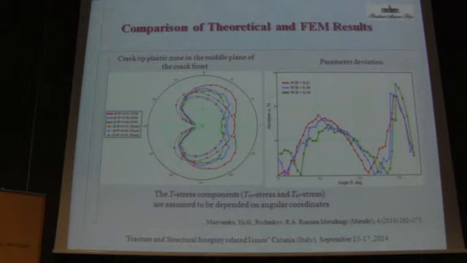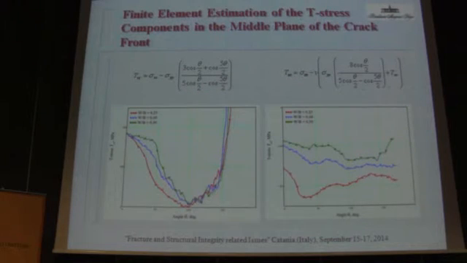So the T-stress component is seen to be dependent on angular coordinates. And this assumption is confirmed by finite element estimation of the T-stress component and distribution of the T-stress component in the middle plane of the crack front ahead of the crack tip.